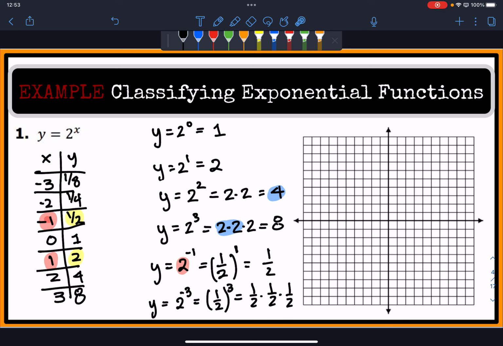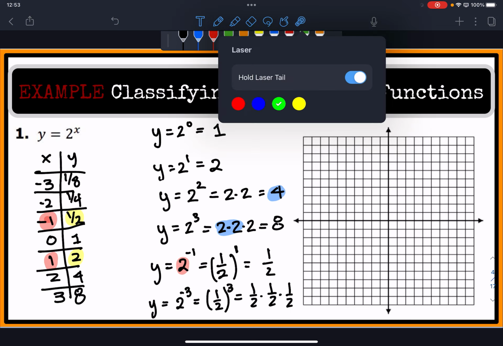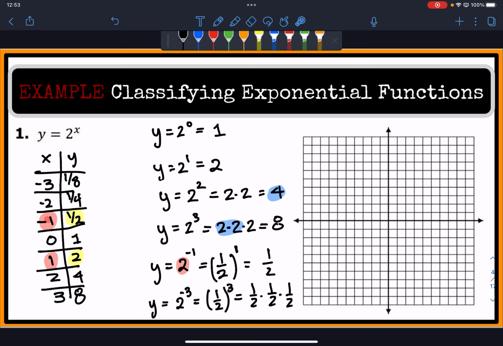So now let's plot these points. So starting with this part over here, let's plot those points first. So we'll plot 0, 1, 1, 2, 2, 4, and then 3, 8. Now to plot this point here at negative 1, the y value is 1/2. So that'll be right there in the middle.